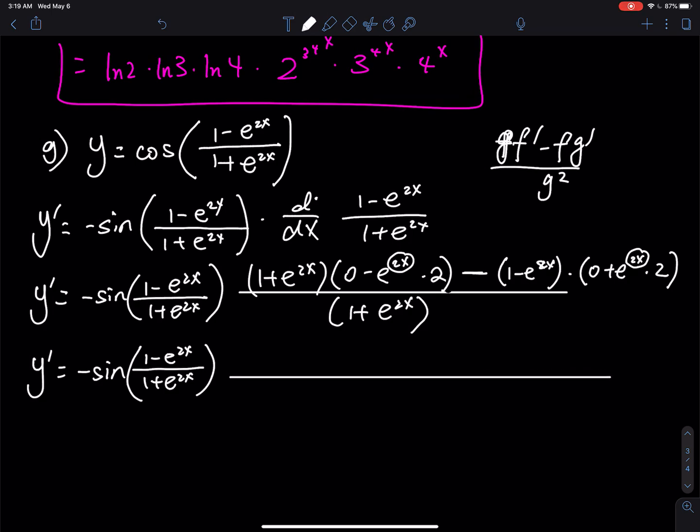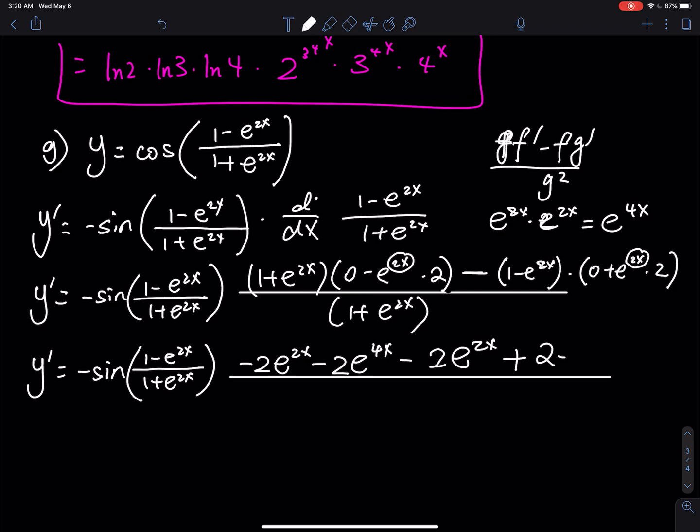The top we have negative 2 e to the 2x, and then minus 2 e to the 2x times e to the 2x. So e to the 2x times e to the 2x, that is 2x plus 2x, you get 4x. So e to the 4x, and then minus, so that will be 2 e to the 2x, and then minus you have a plus 2 e to the 4x.